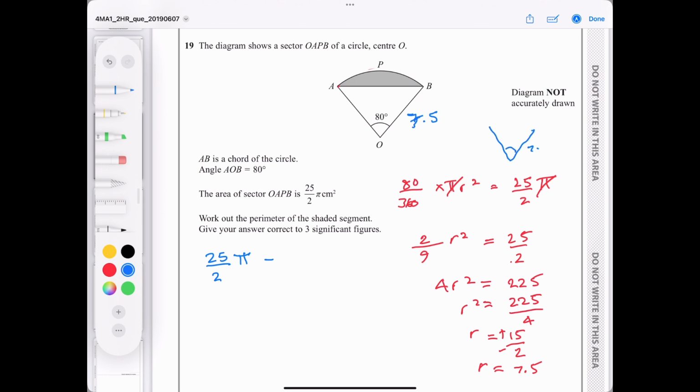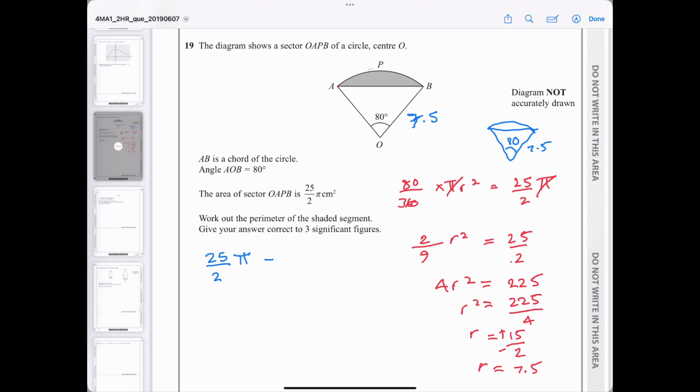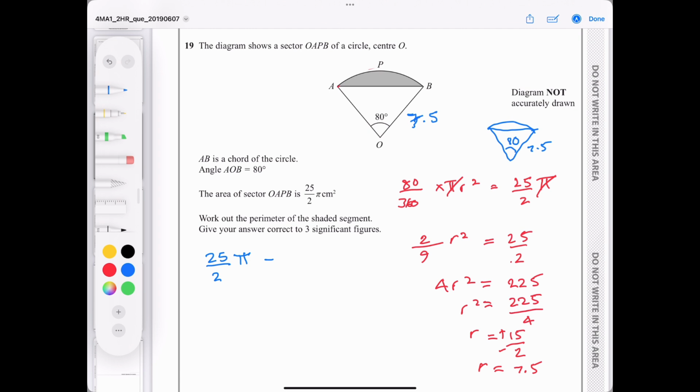What we're trying to find first is what that is. So first, we are going to find out what the circumference of this bit of it is.